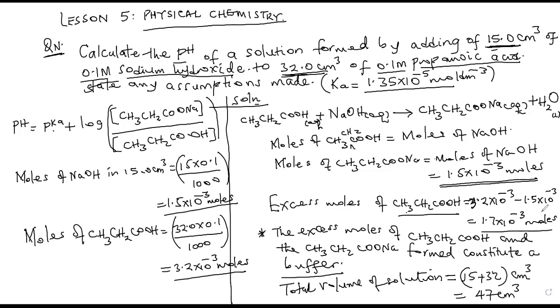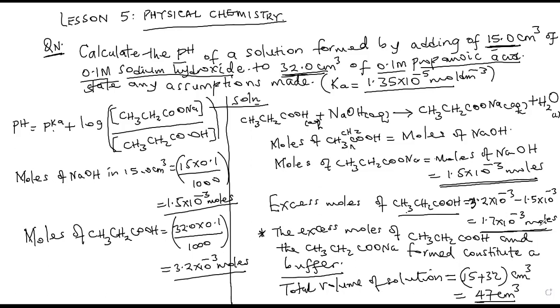We have our 47 cubic centimeters as the total volume of the solution. It means that these 47 cubic centimeters of the total solution contain these moles of the excess acid.